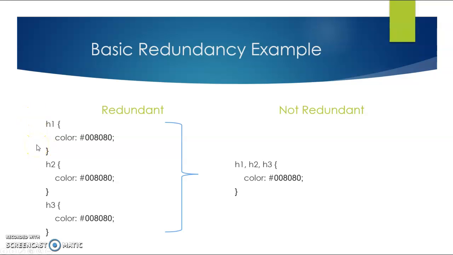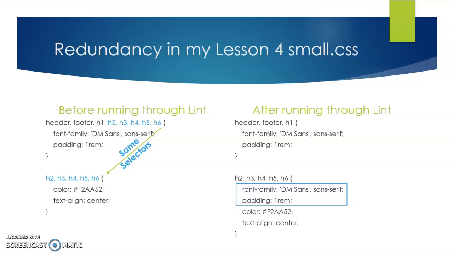But because they have the same color styling, and they don't have anything else that differs, we should use H1, H2, H3 with the color and make it one styling rule because they're all the same. It makes it easier for us to read and easier for the computer as well. So that's the redundancy example in my lesson for small CSS.